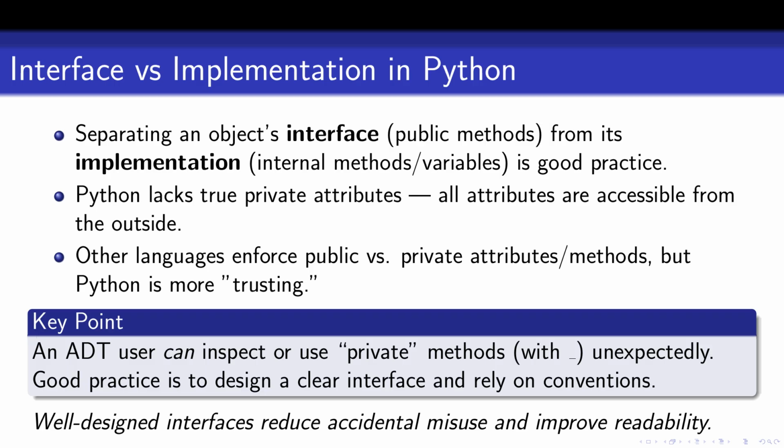You can still access any attribute or method, even if it's meant to be internal. That's why naming conventions, like prefixing internal methods with an underscore, are so important. They signal to other programmers what should and shouldn't be touched. A clear interface helps prevent accidental misuse, improves readability, and keeps your code modular and maintainable.